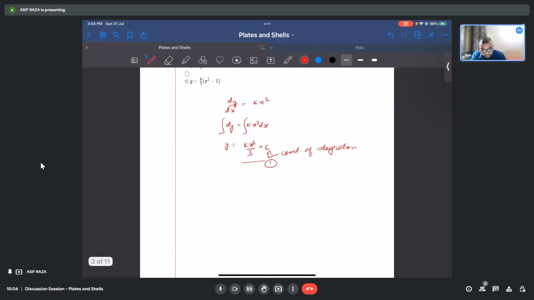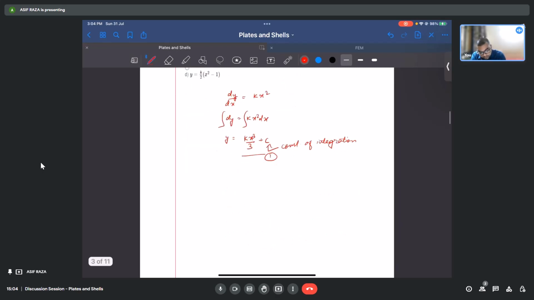Now we are given that at x equal to 1, y is equal to 0. Substitute the above values in equation 1. We get 0 equal to k by 3 plus c, which will give me the value of c as minus k by 3.